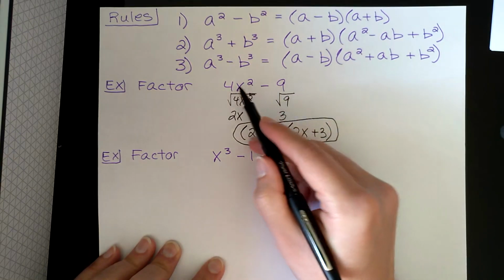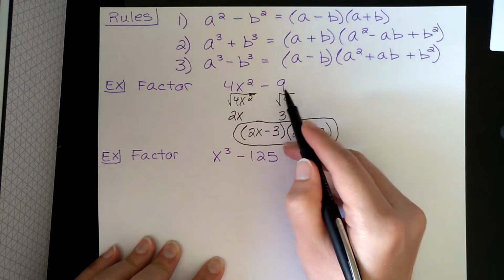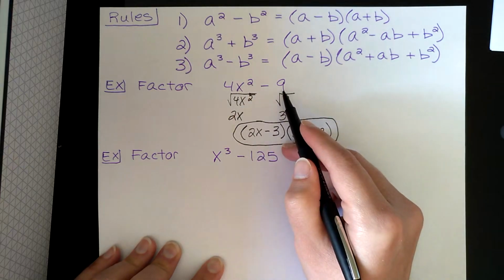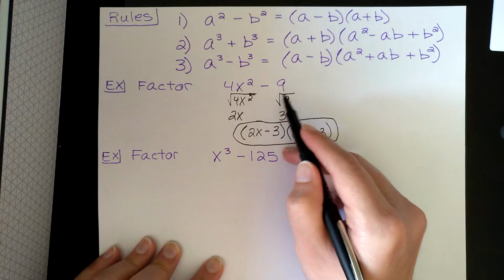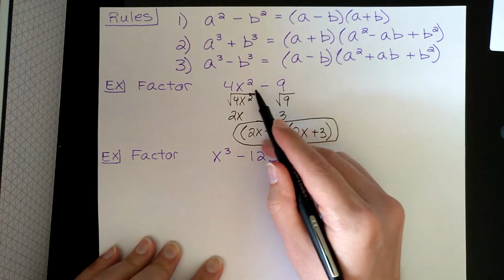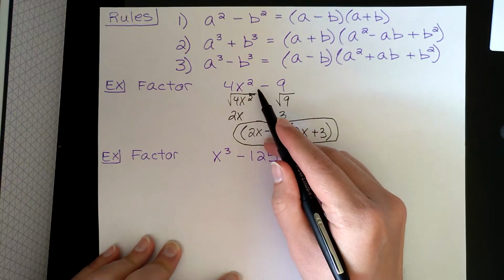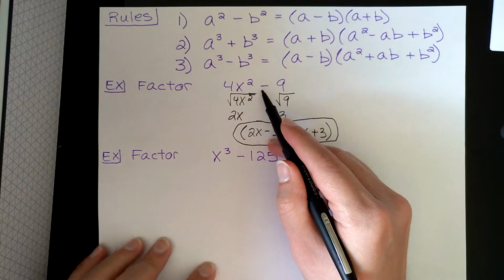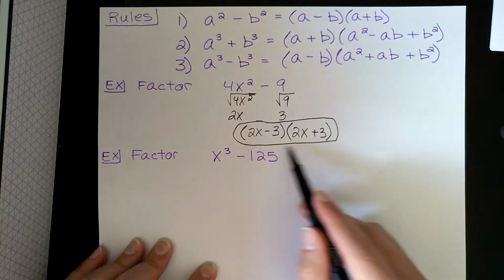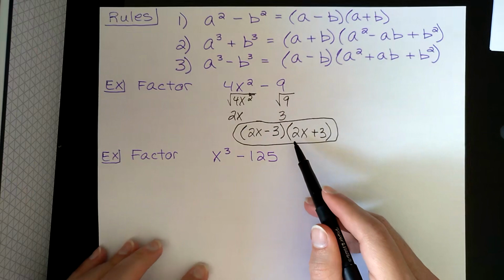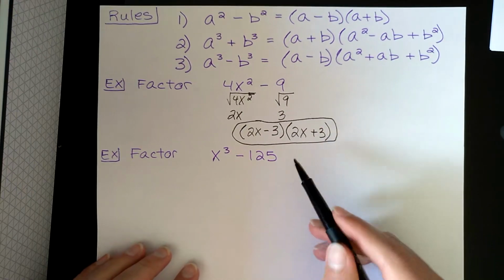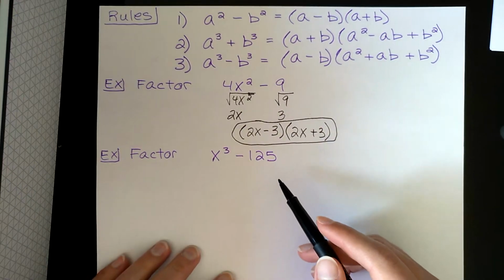You're finding what combination multiplies to give you 36, and then when you combine them, gives you 0, since your middle term is 0x technically. But it is much better to memorize this formula, as this will come up a lot, and you need to know how to quickly approach these problems.